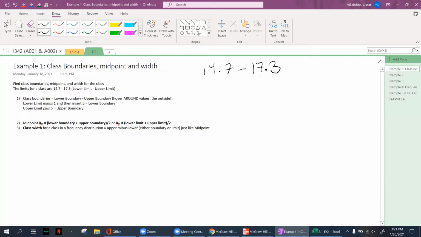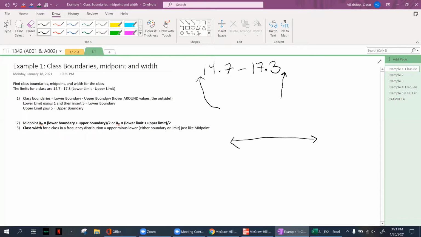So these are my definitions. To find the class boundaries, I'm going to want a value to the right of this and to the left of this. You have this data given, and you're going to push a little bit to the right, and a little bit to the left.